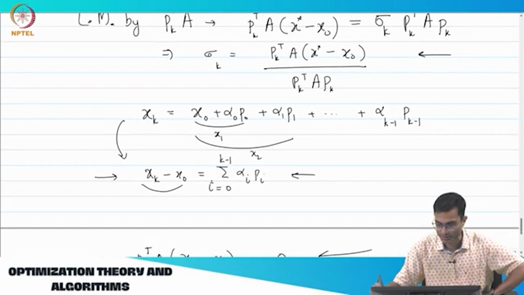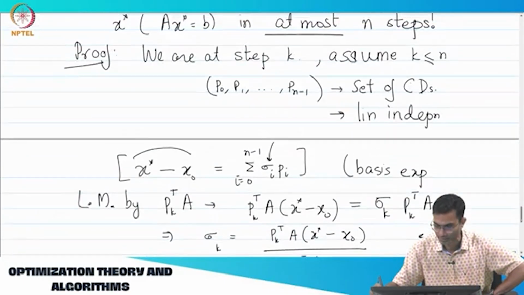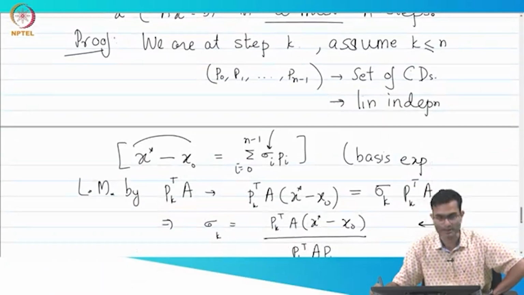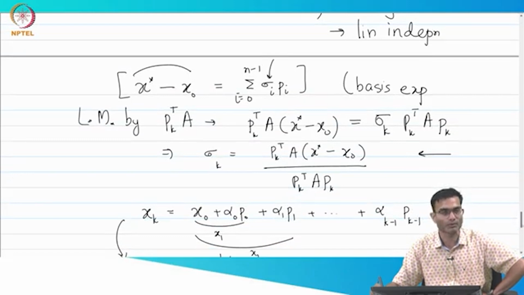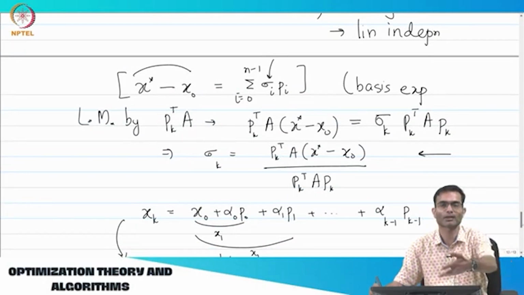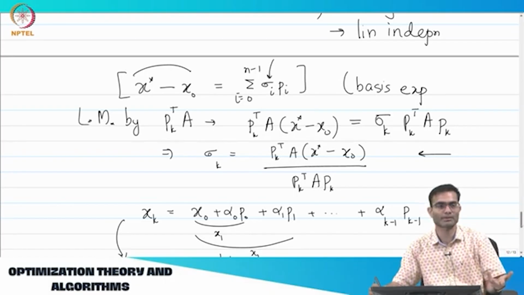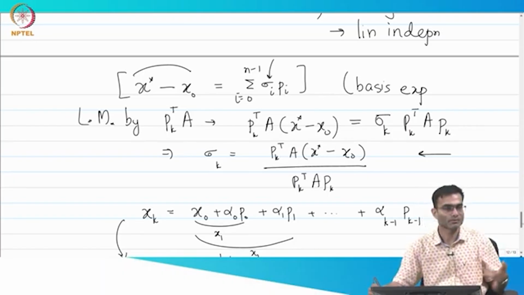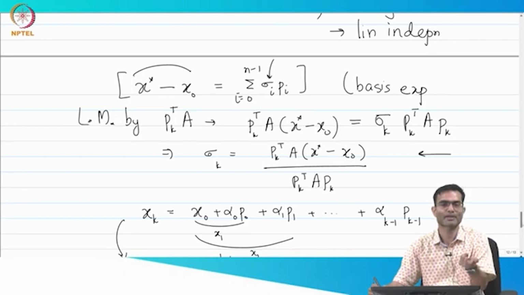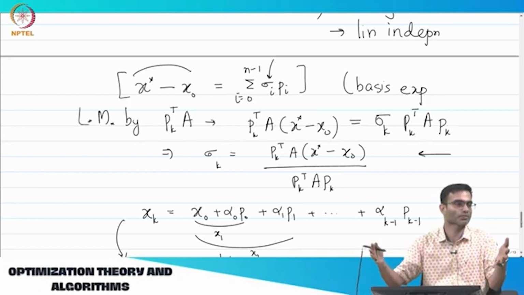Okay. Subsequently we will do a lot of visualization on this to really convince ourselves. For now, let's just review the proof. What did we start with? A set of linearly independent directions. That means the start minus end, the error, should be written as a linear combination, and it turned out that the linear combination is built into the construction of the method itself. The sigmas were the same as the alphas. That means this distance, a vector in n dimensions, is covered.